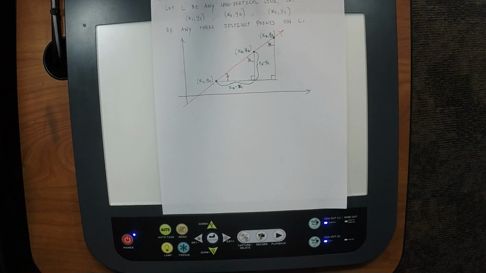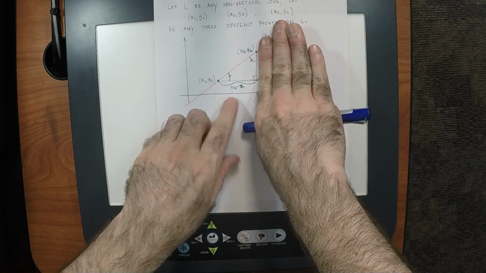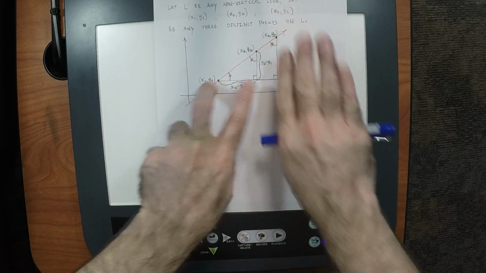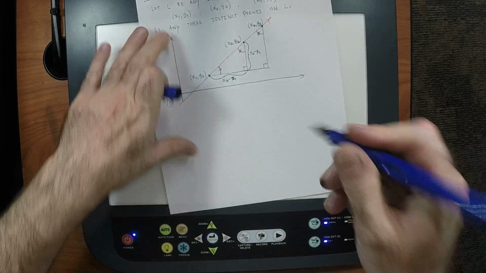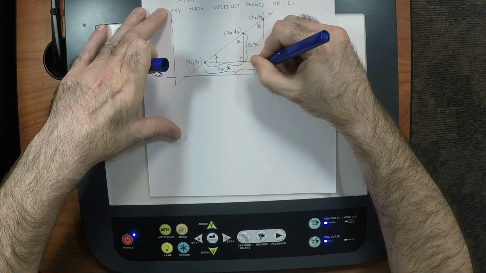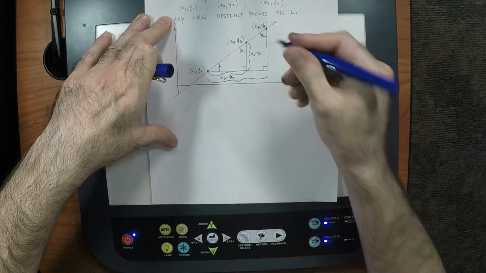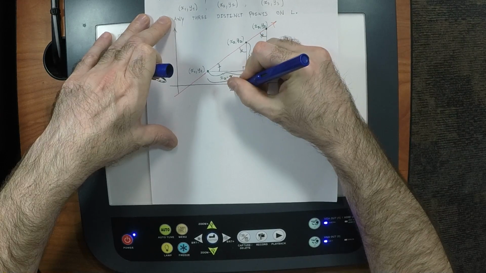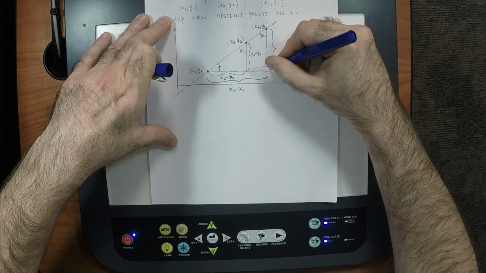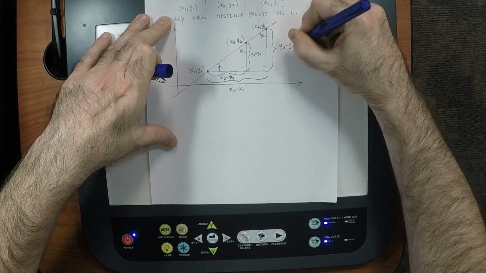All right. And so that's for the little triangle, x2 minus x1, the base of the little triangle. So the base of the big triangle, what's the measure of that? Very good. So that's x3 minus x1. And the height of the big triangle? Very good. y3 minus y1.